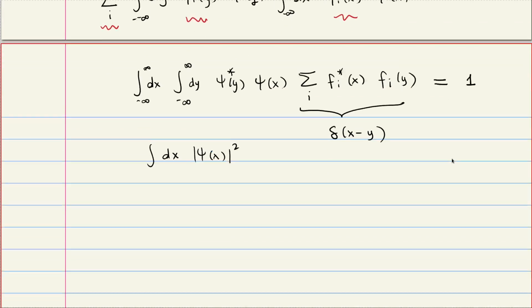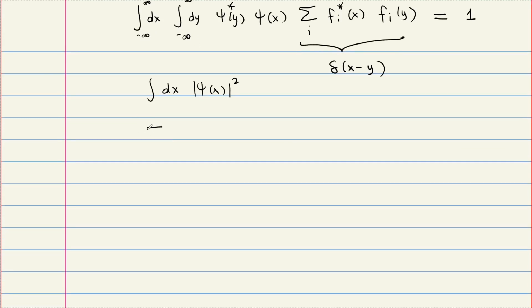And from here I deduce this thing: the sum over i of f_i star of x, f_i of y. You see, previously we had i and j, different indices, but now we are fixing the indices and changing the argument of the function. And this gives us delta of x minus y.